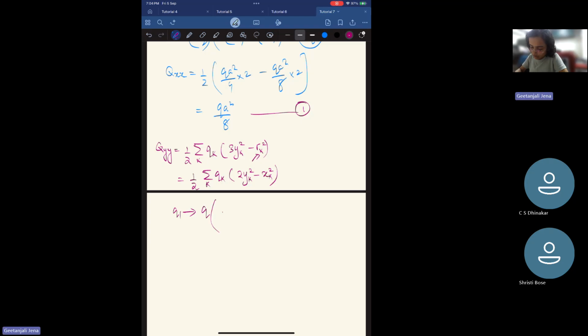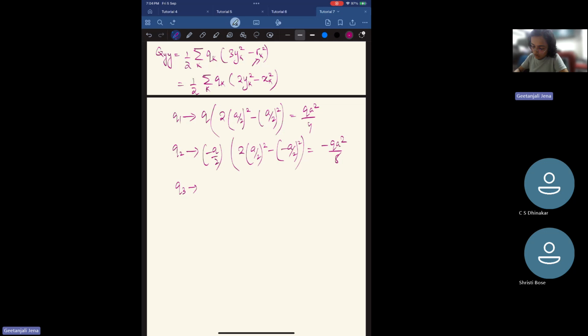So for Q1, this is 2, yk is a by 2 squared, and xk is also a by 2. This will give Q a squared by 4. For Q2, minus Q by 2 times 2 a by 2 squared minus a by 2 squared. This will give minus Q a squared by 8.